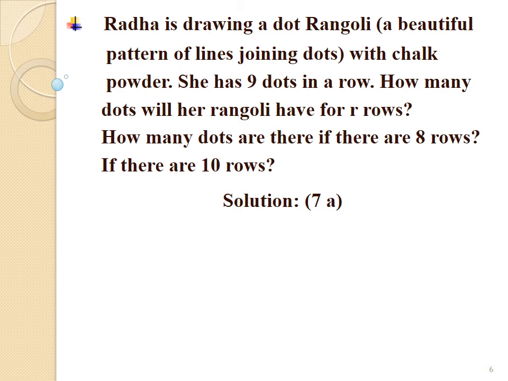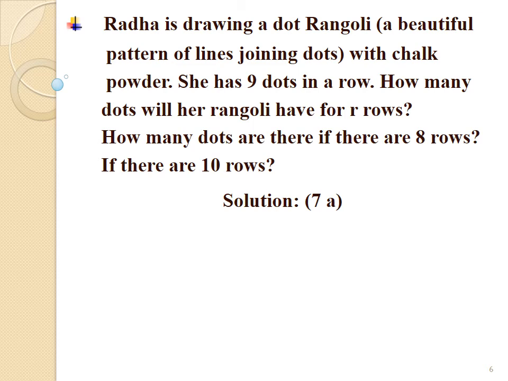Now, sum number 7. Radha is drawing a dot rangoli, a beautiful pattern of lines joining dots with chalk powder. She has 9 dots in a row. How many dots will her rangoli have for r rows?